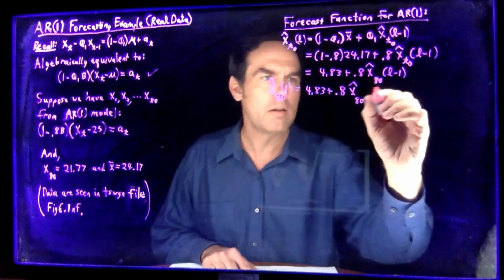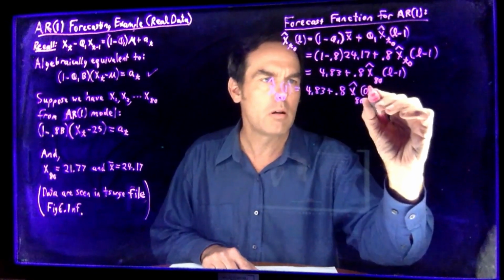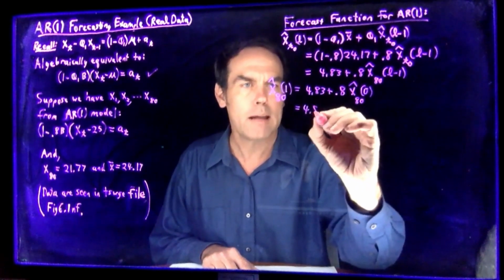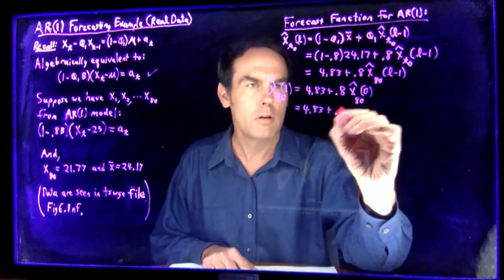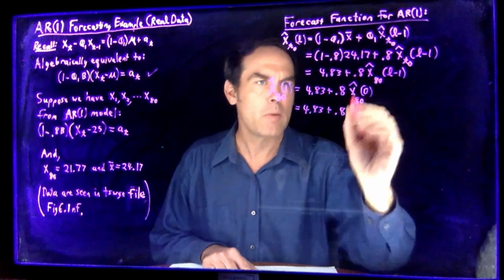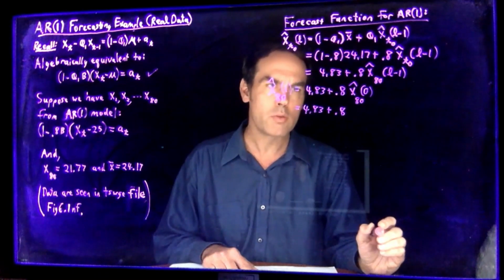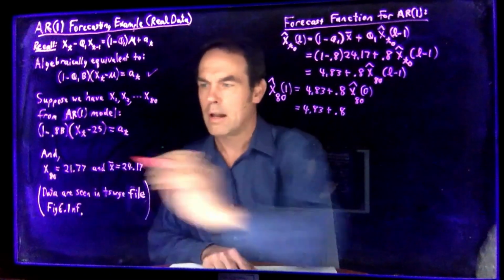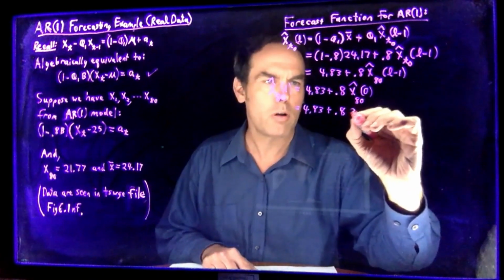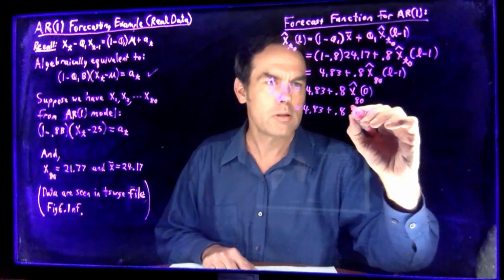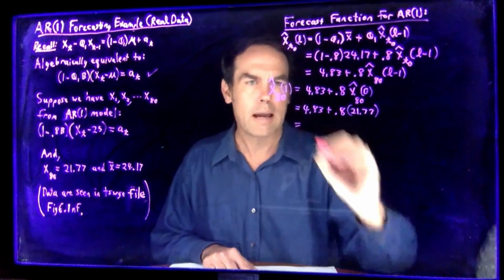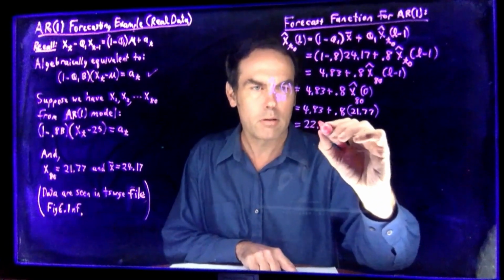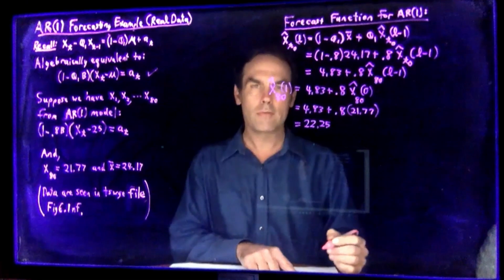Well, L is 1. 1 minus 1 is 0. And that gives us 4.83 plus 0.8, and we know that x hat of 80 of 0 is really the same thing as x of 80, which is the data value that we have. And x of 80 is 21.77. And that gives us a value of 22.25. And that's the forecast for the 81st value.